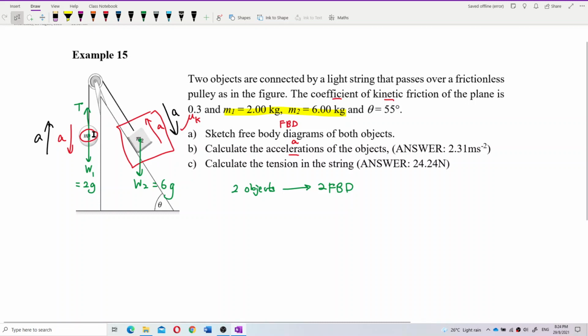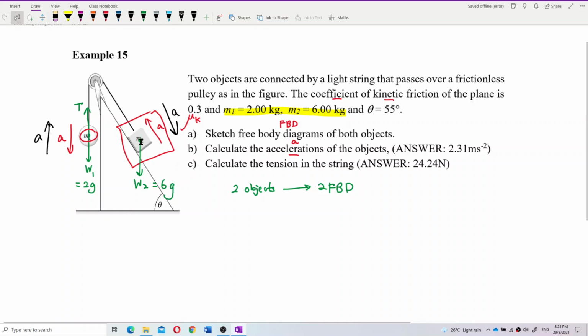So which direction should it fall? Is it mass 1 falls down because it's vertical, and then mass 2 being dragged up because it's on an inclined plane? But the other prediction is mass 2 is actually a much bigger block compared to mass 1. Mass 1 is just 2 kilogram. Mass 2 is 6 kilogram.